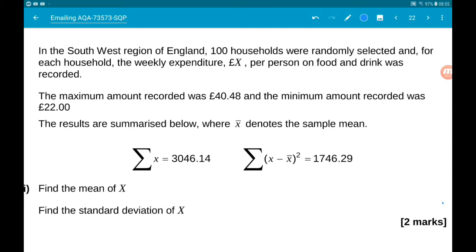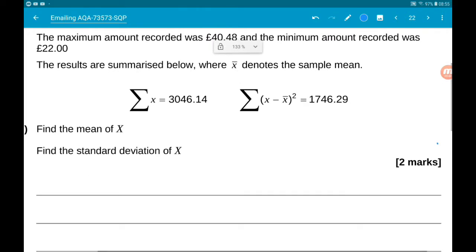The maximum amount recorded was £40.48, and the minimum amount recorded was £22. The results are summarised below, where X bar denotes the sample mean.